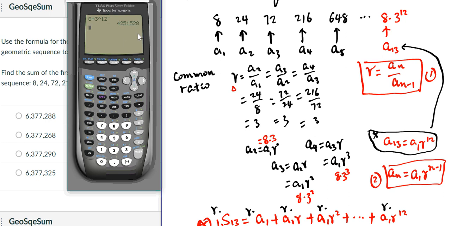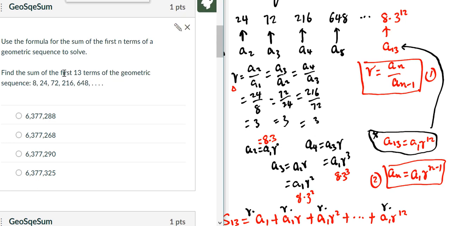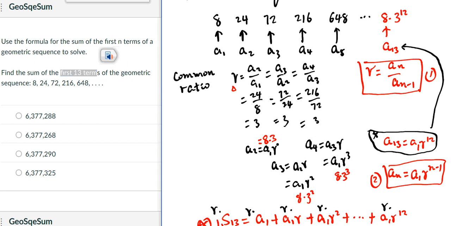You see here, it's like 4,251,528. Very big. So if you want to add all the numbers together, you have to figure out the odd terms. Here, what do we need? We need to find the sum of the first 13 terms. So you got to find 1, 2, 3, 4, 5.